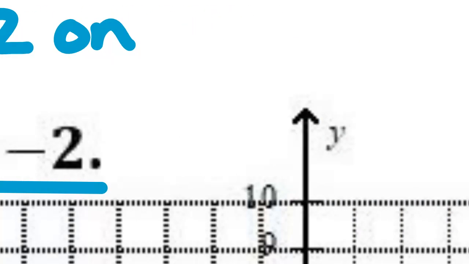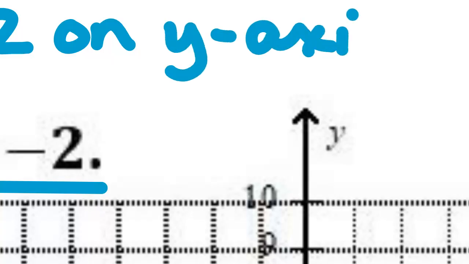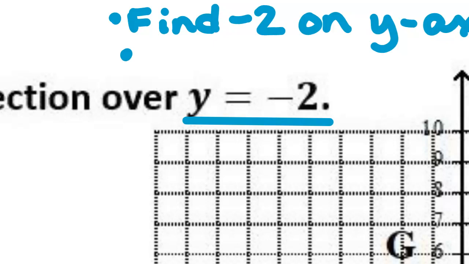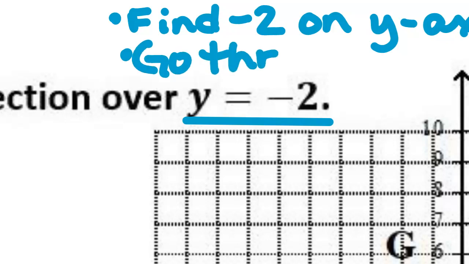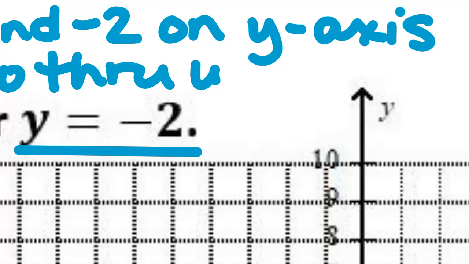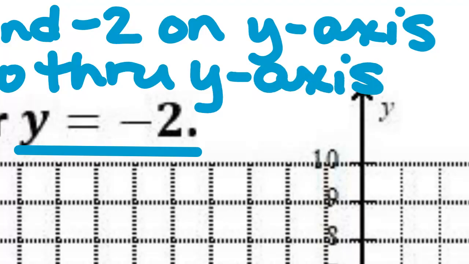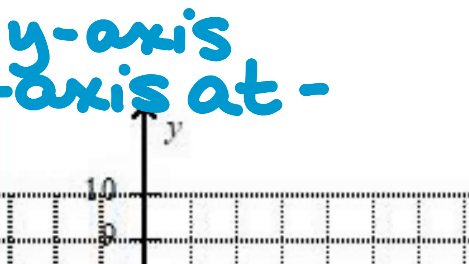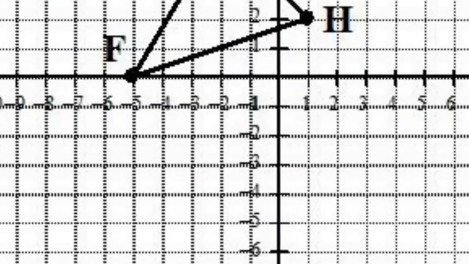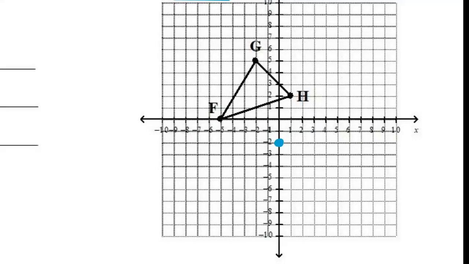I'm going to find -2 on the y-axis. And then we're going to go through the y-axis at -2. Here's -2 on the y-axis. And I want to go through that point with what kind of a line? What'll take me through the y-axis? A horizontal line. Like this right here.